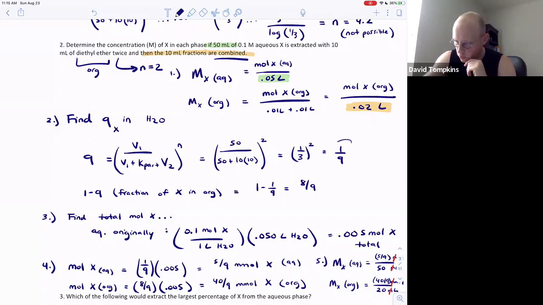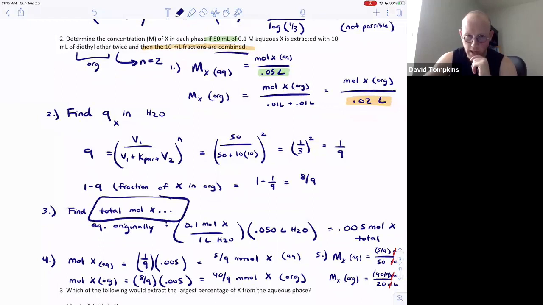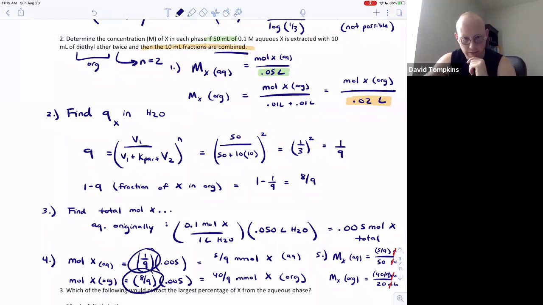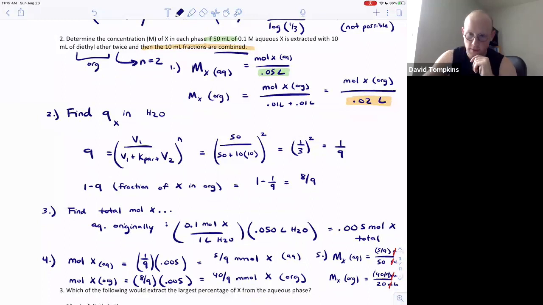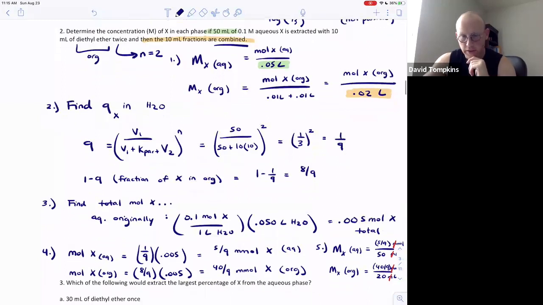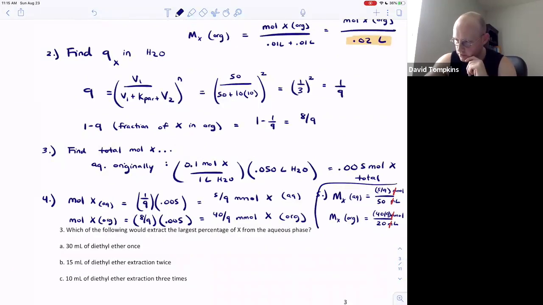We found that to be 1/9 remains and 8/9 partition into the organic phase. Next, you simply find the total moles of X and then multiply the fraction of each phase, 1/9 and 8/9, by the total moles to get the current number of millimoles of X in each phase. You can stick with moles or millimoles, it doesn't matter, but when you divide the millimoles by the volume in milliliters, that will give you the final molarities.